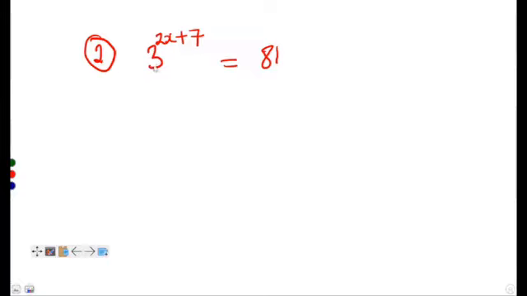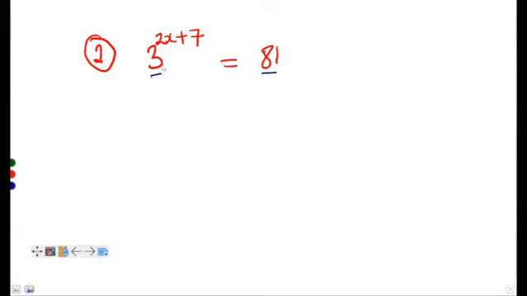We need to solve 3 to the power 2x plus 7 is equal to 81. We need to find the value of x. Here we have the base 3, here we have the base 81. We want to make sure that the bases are the same.